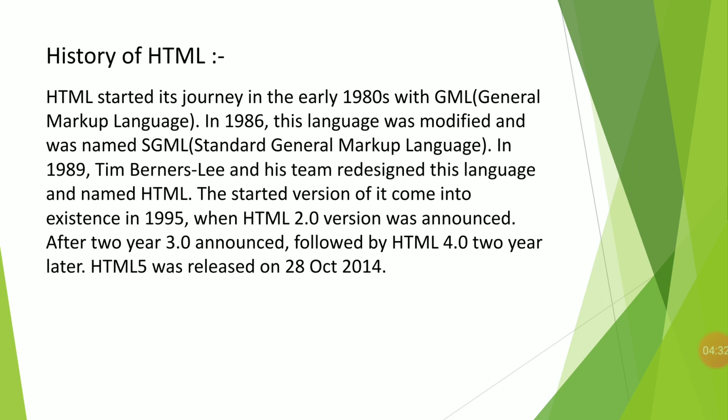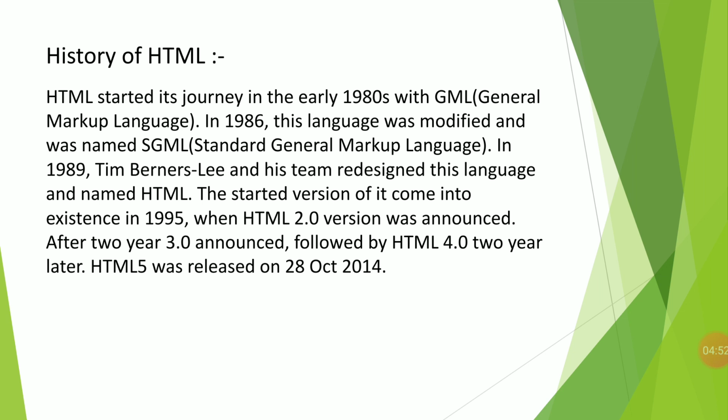This is the current version we have right now, and along with this we have CSS3 also. What CSS is, we will discuss later on. So the current version of HTML that we have is HTML5.